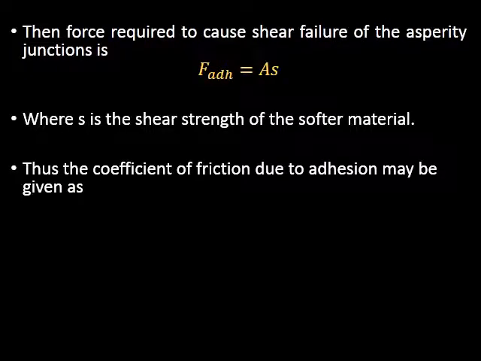Therefore, the coefficient of friction due to the adhesion, mu suffix ADH, where ADH refers to adhesion, is equal to F adhesion over W. So if we use the previous equations, F adhesion by W means A into S over A into H. That gives us S by H as the value of the friction coefficient.